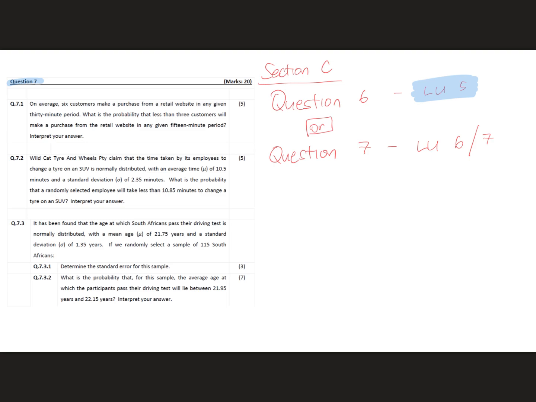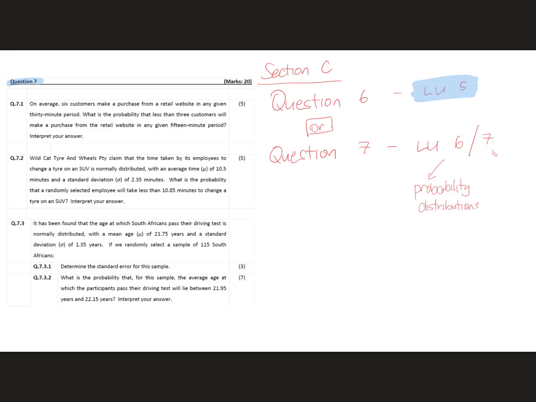So learning unit 6 is your probability distributions, and learning unit 7 is your sampling distributions. So I'm just going to write that down here just for your own knowledge, so when you are studying, you know which learning units exactly are being tested in each question.